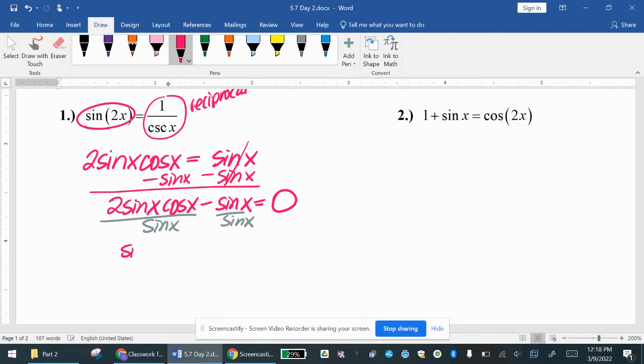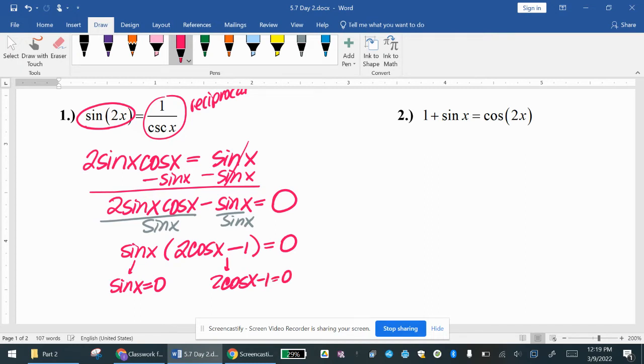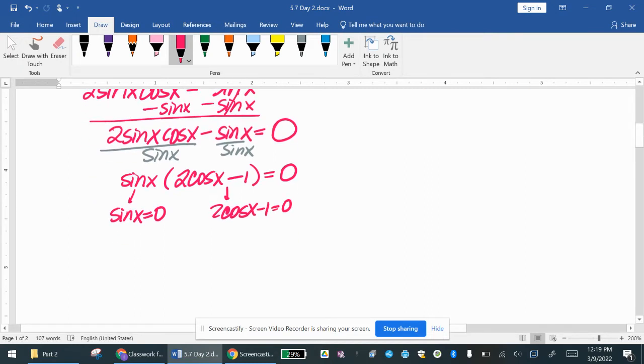And remember that when you factor something out, it doesn't disappear. You just write it in front. At this point, there's nothing else I can factor, so I'm going to set each factor equal to 0. Which ends up giving me, for this one on the right, add the 1, divide by 2. I'm looking for where cosine of x is a half.